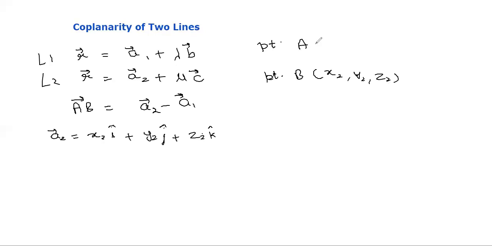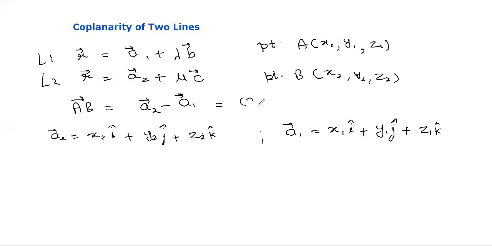If the coordinates of point A are x1, y1 and z1, then the vector A1 should be given by x1i plus y1j plus z1k, and the vector AB may be given by (x2 minus x1)i plus (y2 minus y1)j plus (z2 minus z1)k.